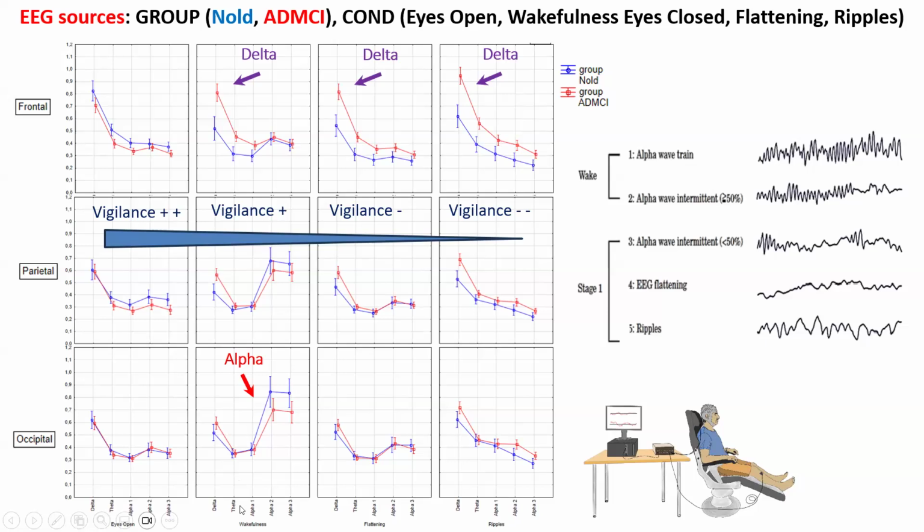If you see the period of eyes closed, and so quiet wakefulness condition, you see that alpha increased in occipital areas. So you see the maximum level in the blue healthy group in alpha 2 and alpha 3 frequencies.